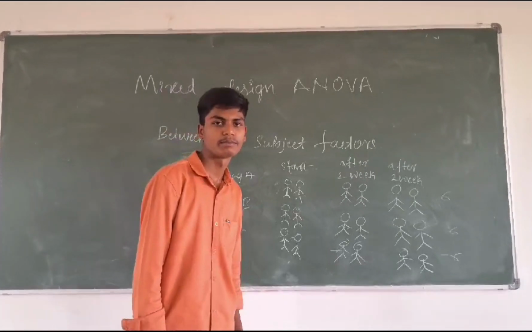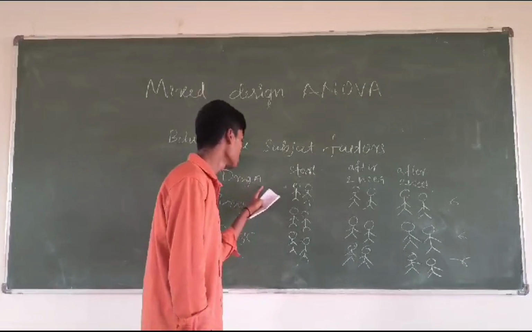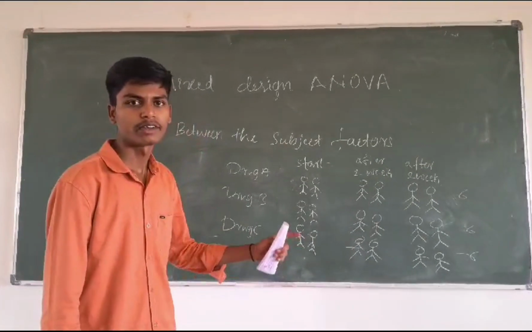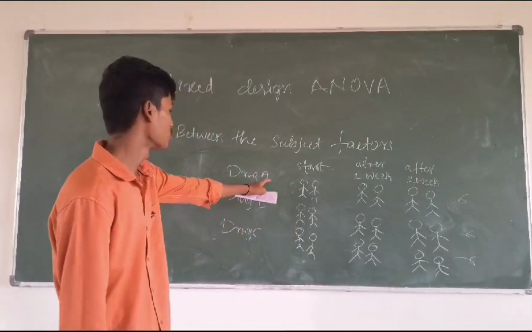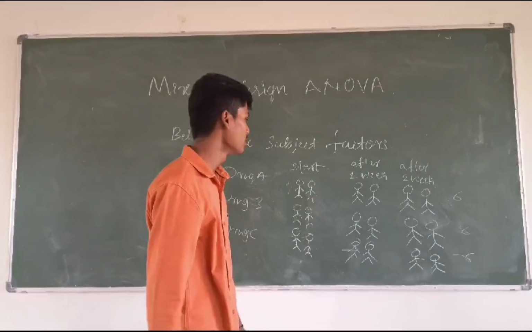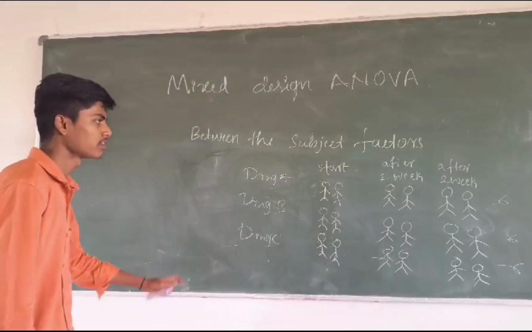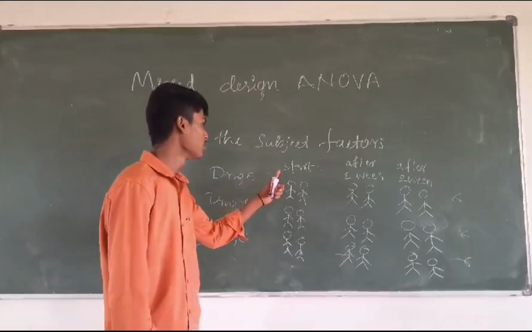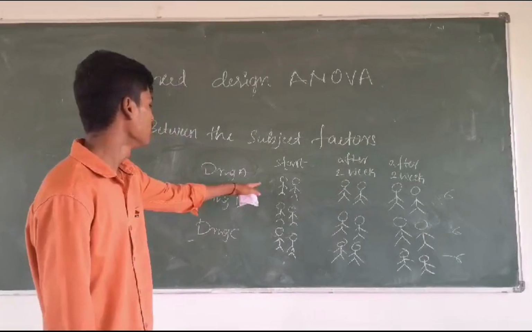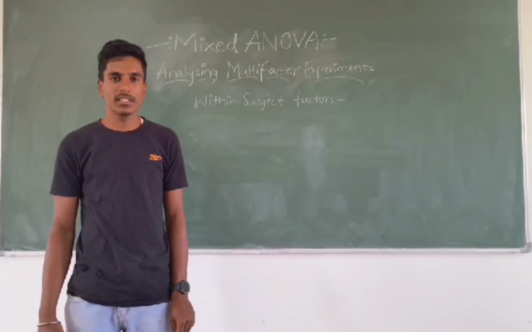Understanding the between subject factor is crucial because it allows researchers to evaluate the effectiveness of these treatments or conditions by comparing the outcomes across the different groups of participants. With between subject factors, researchers come to know which treatment is best or which treatment is worst.